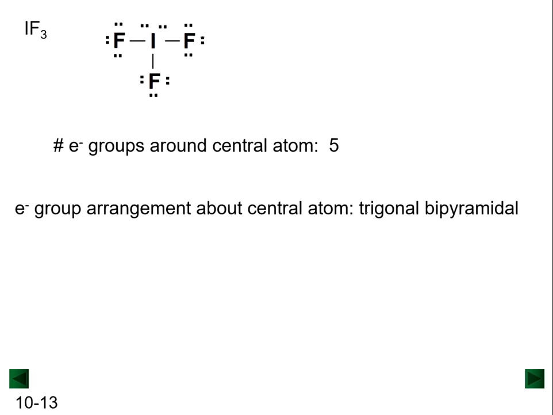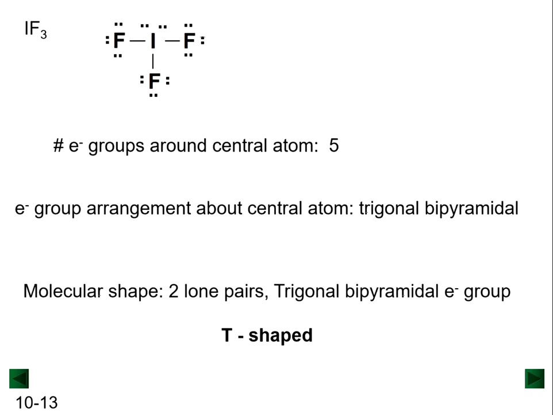For 5 electron groups, the electron group arrangement about the central iodine atom is trigonal bipyramidal. For a trigonal bipyramidal structure with 2 lone pairs, the molecular structure is T-shaped.